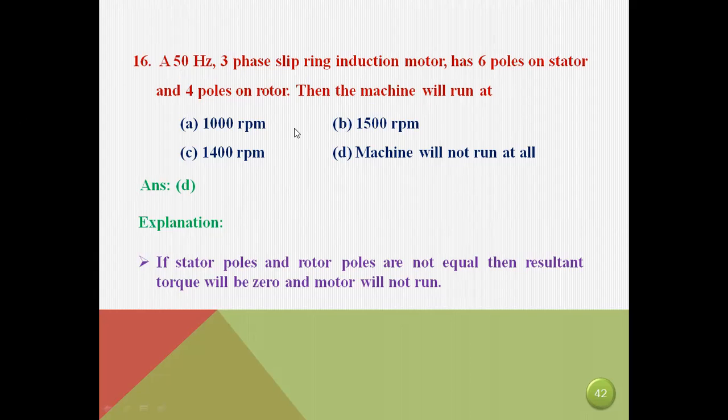Like that, if you are solving, you will get confused. But if they are giving the same poles, at that time you will get one of these 3 answers. But what they have given is an induction motor in which stator and rotor have different poles. So if they are not equal, the resultant torque will become 0 and the motor will not run.